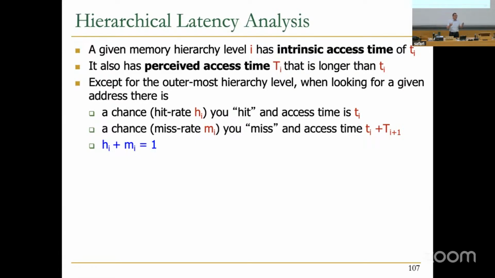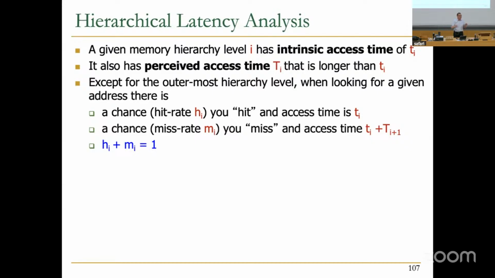And then there's a chance that you're going to miss in the cache. This is called a miss rate, Mi, of that level. And now your access time is going to be small Ti at that level, T1, assuming this is level 1, because you need to access the cache to figure out whether it's a hit or miss. And if it's a miss in this particular case, you're going to access the next level, which is the large Ti+1, which is basically the perceived access latency of the remaining levels.